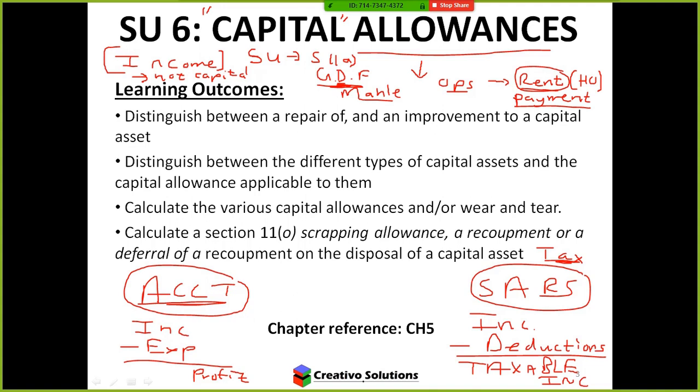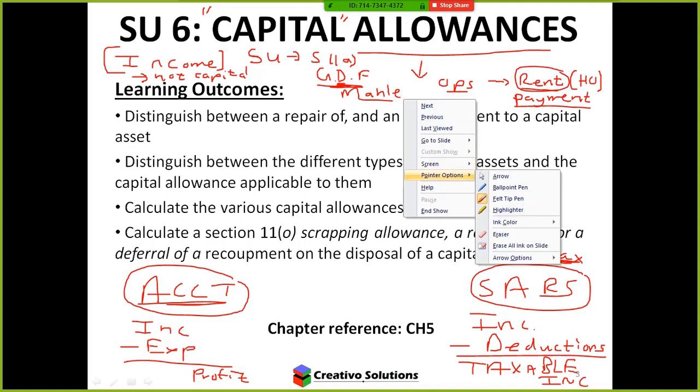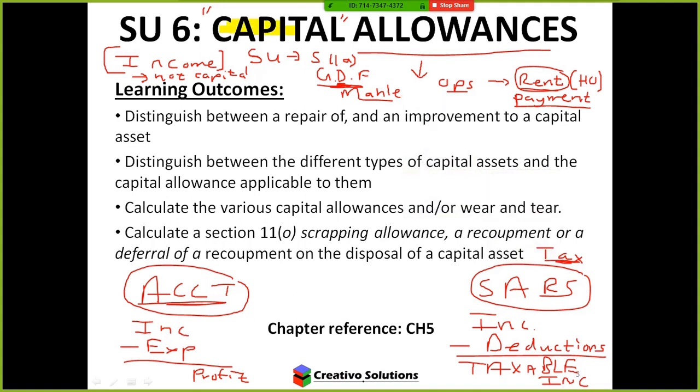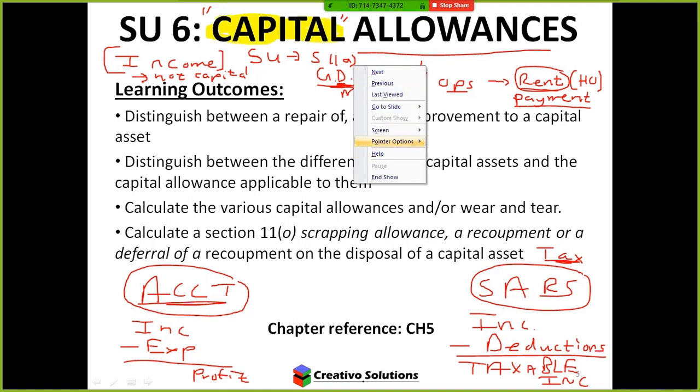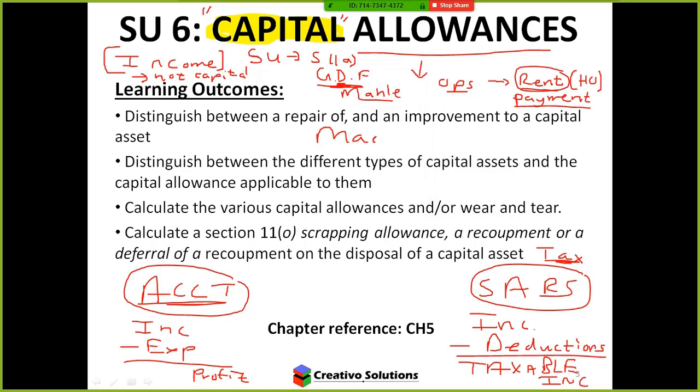If I'm looking at capital allowances, this word capital refers to assets. Basically, if I buy an asset, let's say I buy machinery, from an accounting point of view that is not going to be seen as an expense.